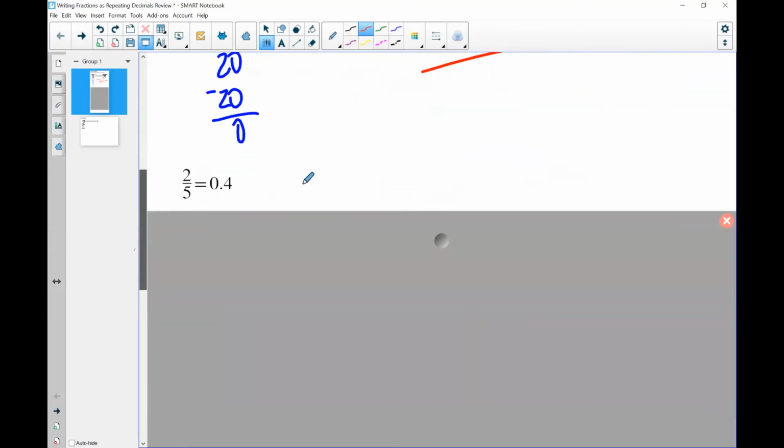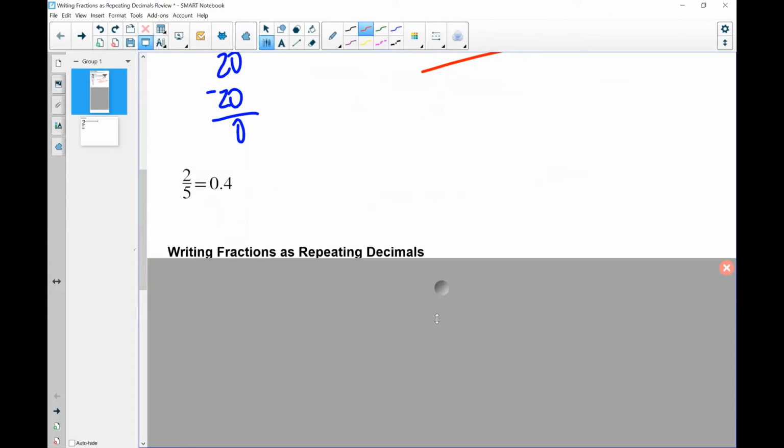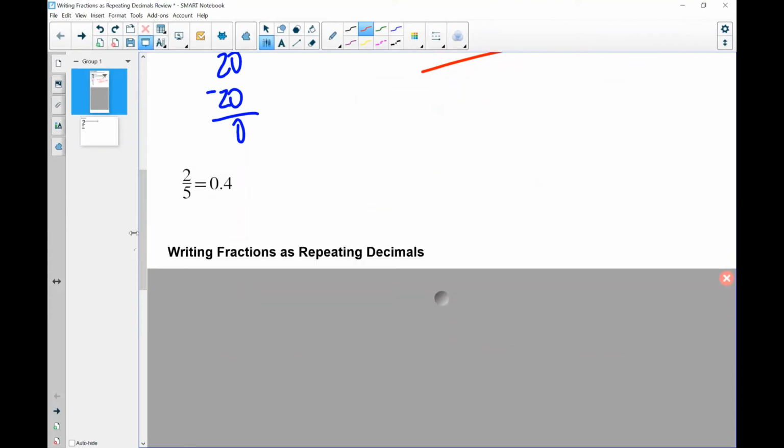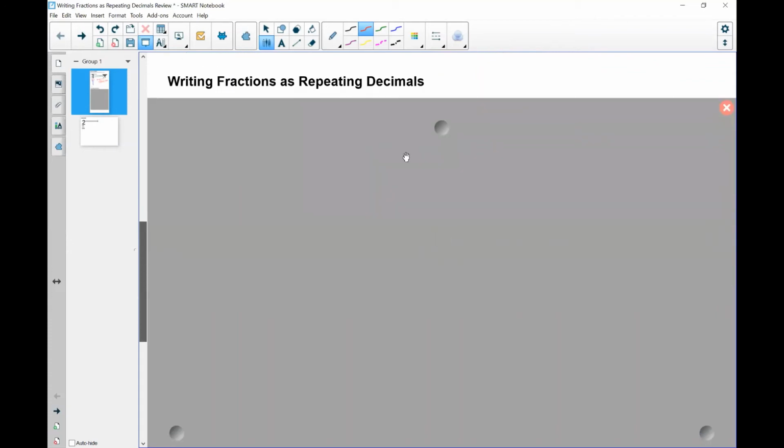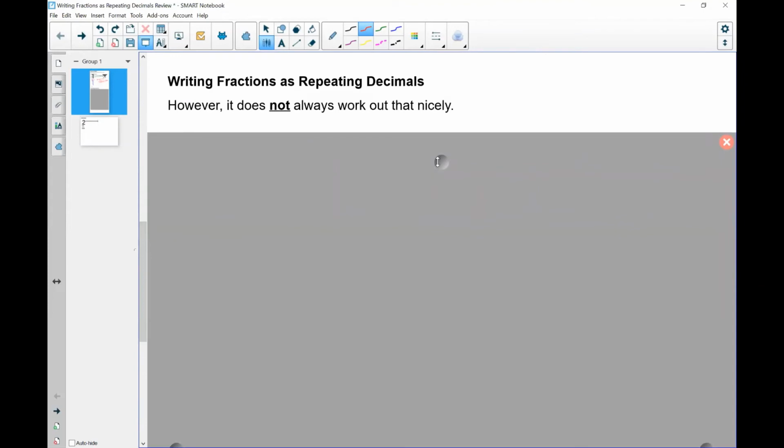Now, writing fractions as repeating decimals. However, it does not always work out that easily every time.